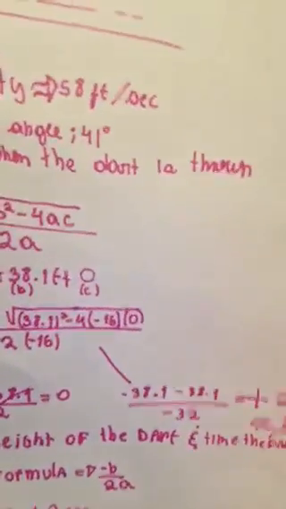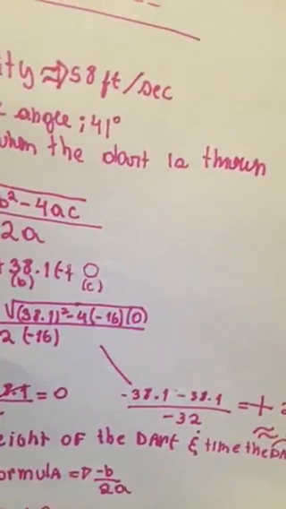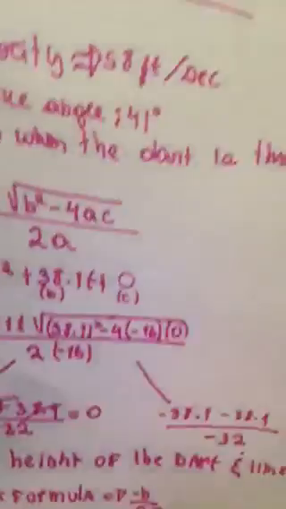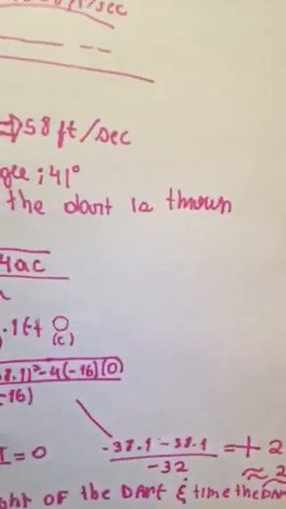So now we have to figure out letter E, which says find the maximum height of the dart. At what time will the dart reach the maximum height? Well, that's easy. First of all, when you want to find out the maximum height, you use the vertex formula, minus b over 2a.